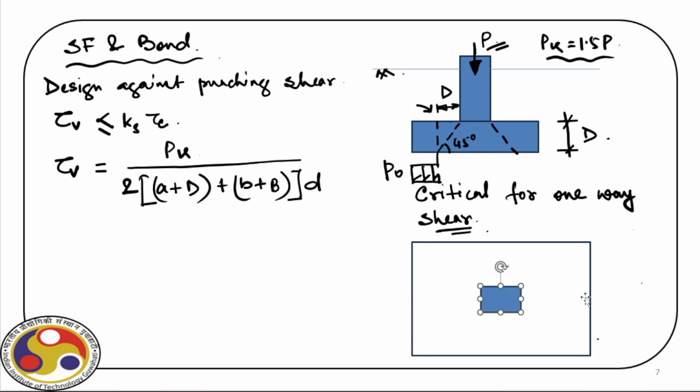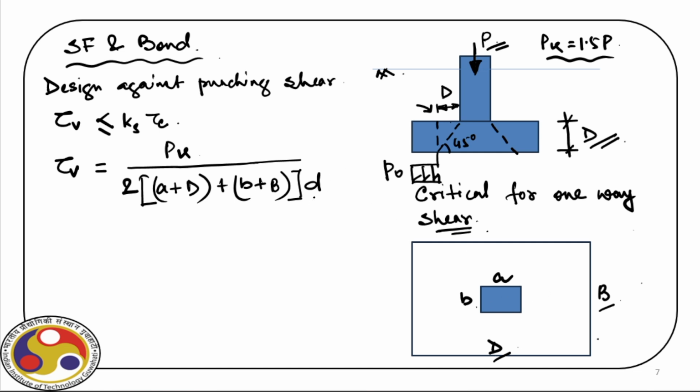Then say this is B by D and this is A, this is B. So the size of the column is A by B and the size of the footing is capital B by capital D. Now let me just mark it differently, or you can differentiate this capital D, which is the total depth of the foundation, and here it is B by D, the size of the footing.